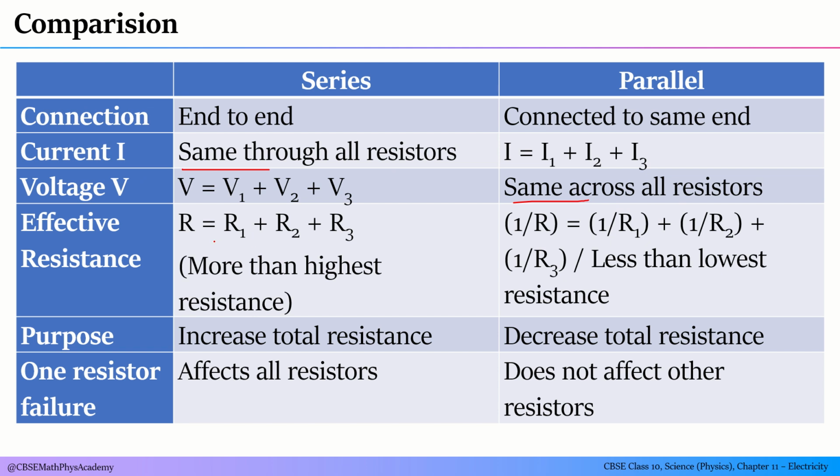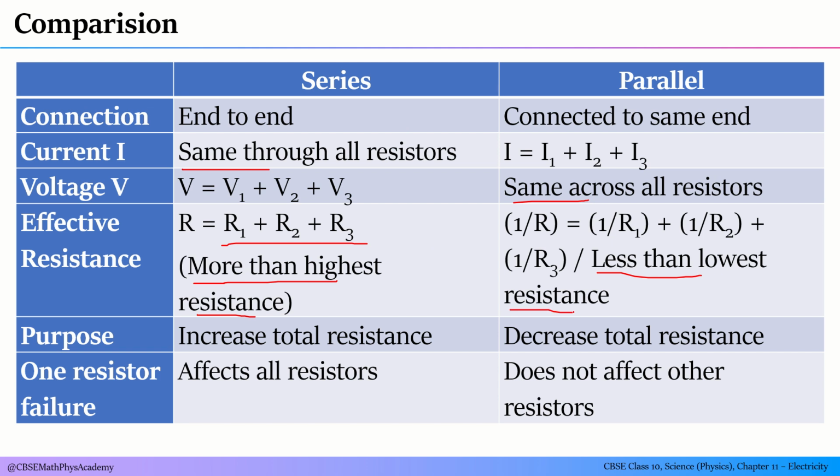The effective resistance in case of series is the sum of all the individual resistances, whereas for parallel it is the sum of the inverses of the individual resistances. So the net effect is that in series the total resistance is more than the highest resistance. In parallel, the total resistance is less than the lowest resistance.